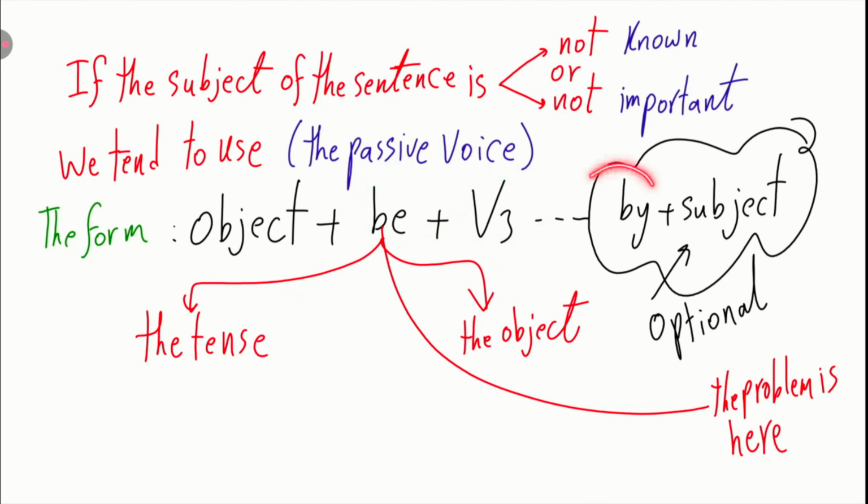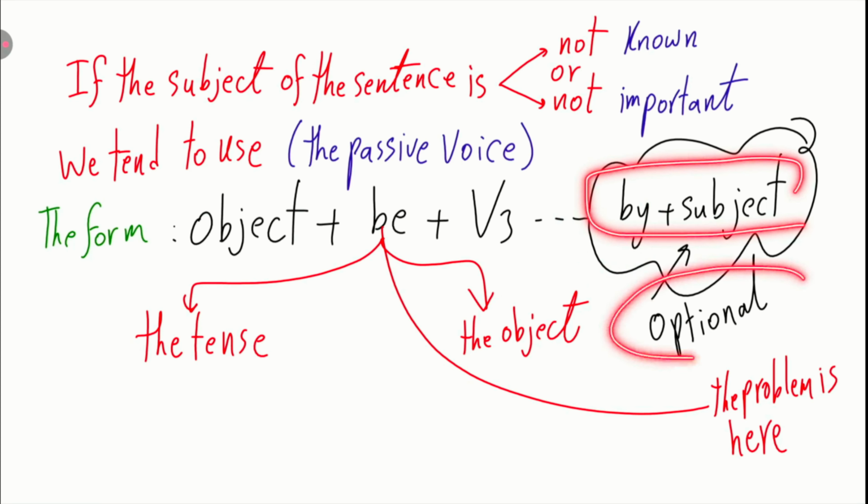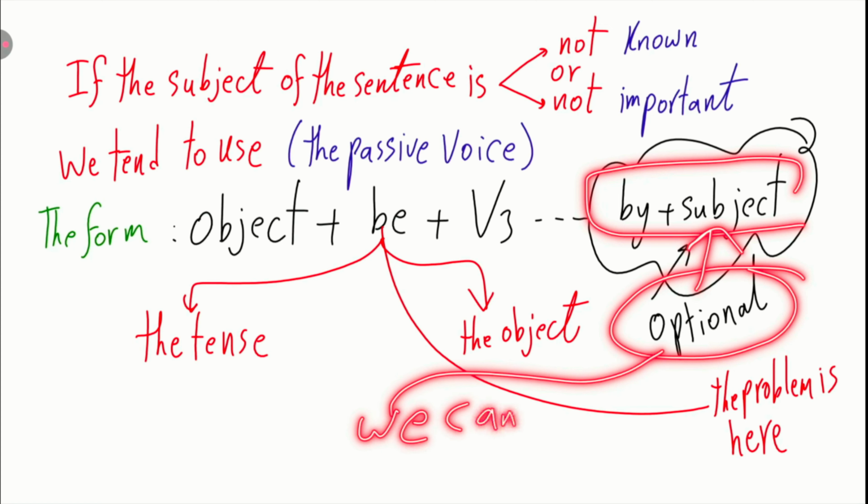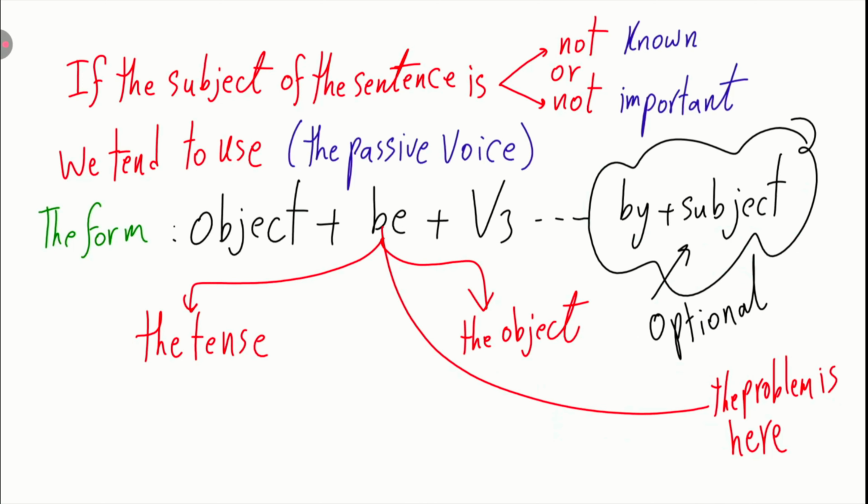After that, we use by plus subject. This part, by plus subject, is optional. This means we can leave it out, if we don't want to write it or we don't want to say it, so it's okay.